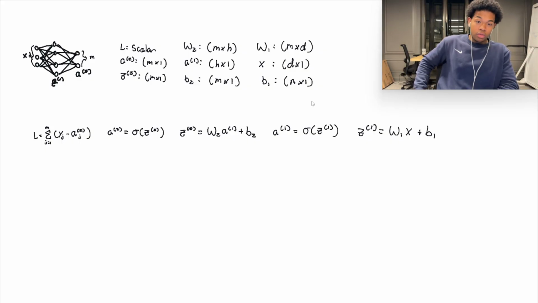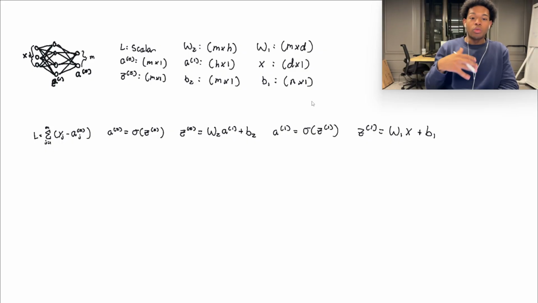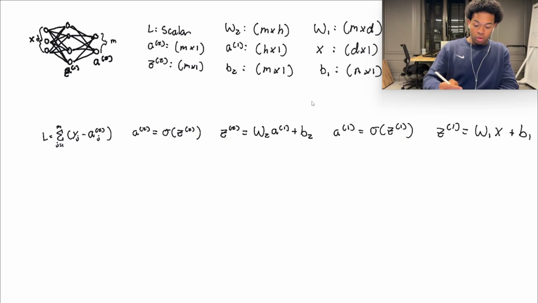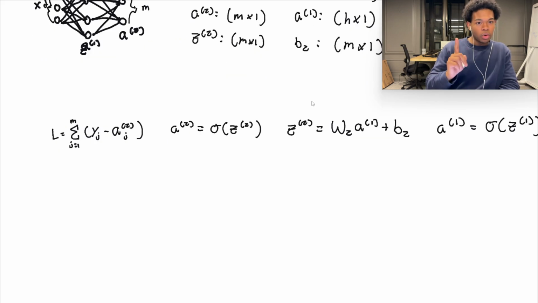So, okay, we have a forward pass, and we're representing it in this form to make the calculus for the back pass a lot easier. So what are our goals? Importantly, this is for the neural network.